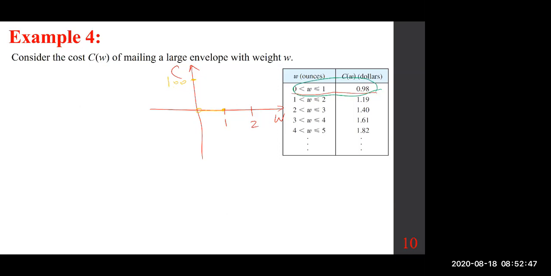It starts from here. By the way, this is now 98, or 0.98. And it goes flat all the way to 1. So the graph for that portion is what you see.